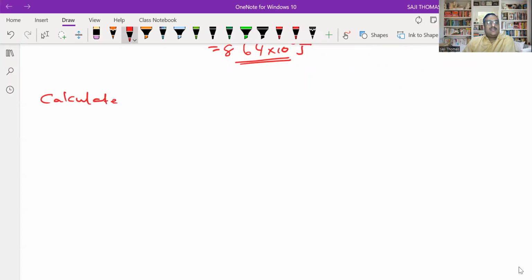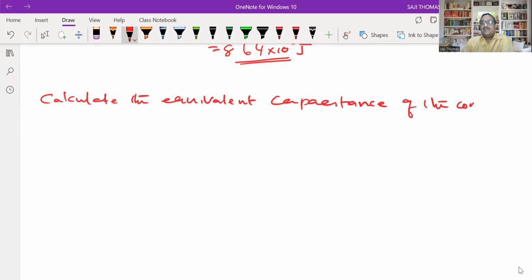Calculate the equivalent capacitance of the combination of capacitors shown below.